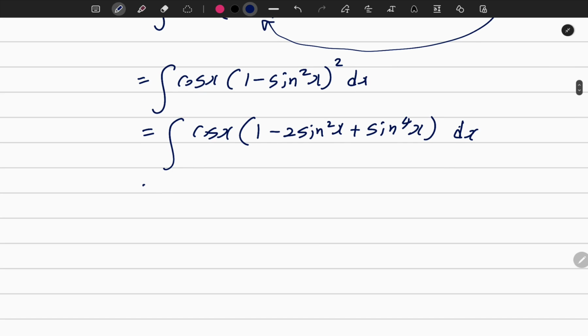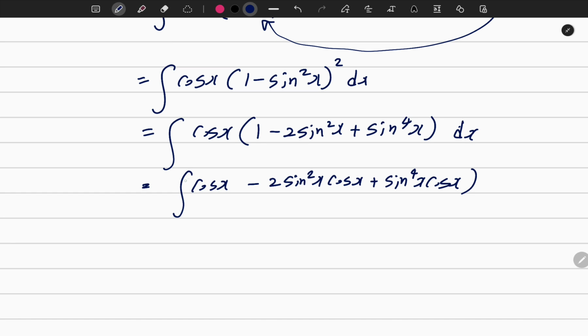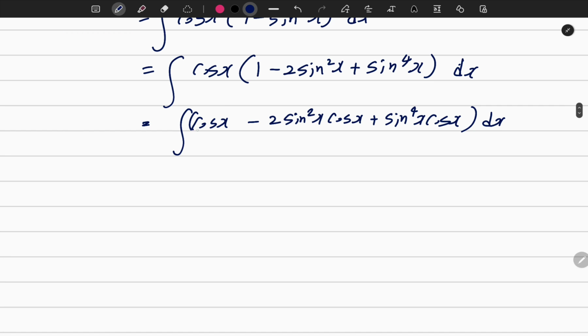So I'm going to multiply each element by cos x. So this is cos x minus 2 sin square x cos x, right? Plus sin 4x times cos x, right? This is dx. So now I am going to integrate each function by dx.